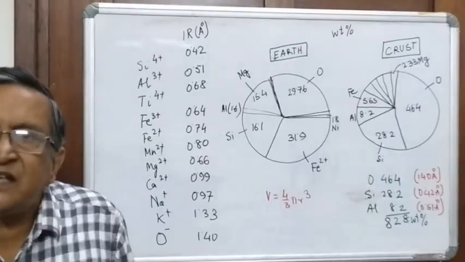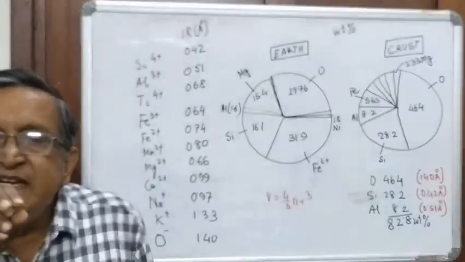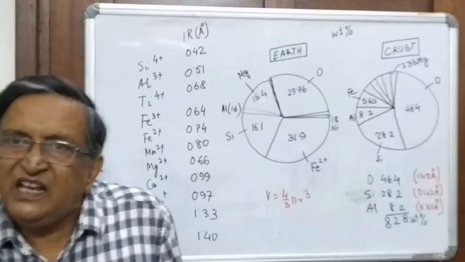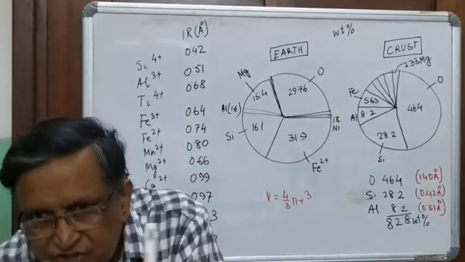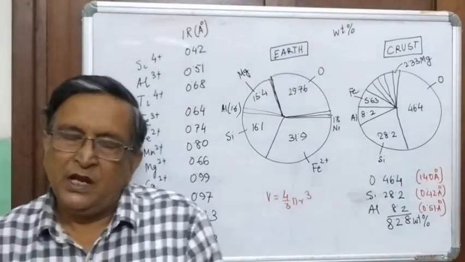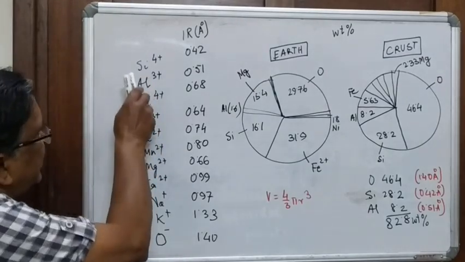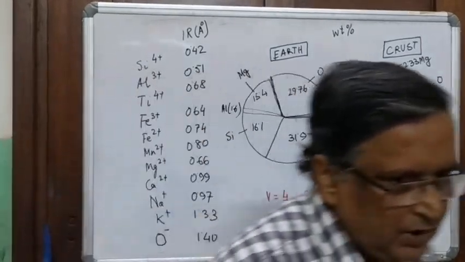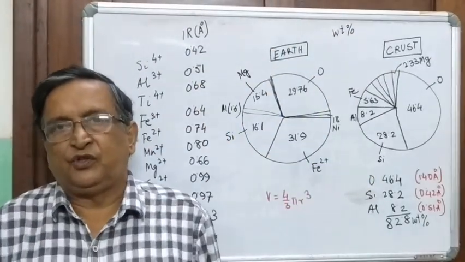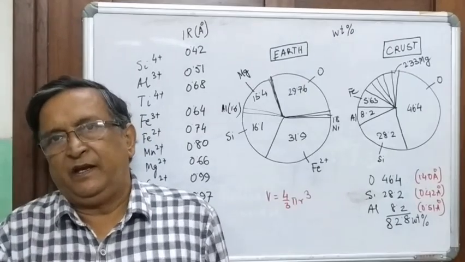Where are the rest of the cations? Obviously, they are in the interstices of these oxygen and silicon atoms. So essentially, all the cations that you see, other than oxygen, silicon and aluminium, are in the interstices of the framework formed by oxygen, silicon and aluminium.